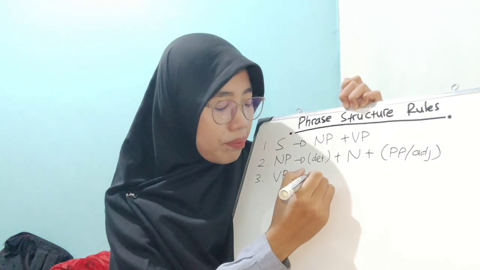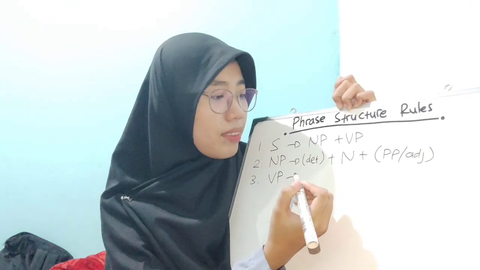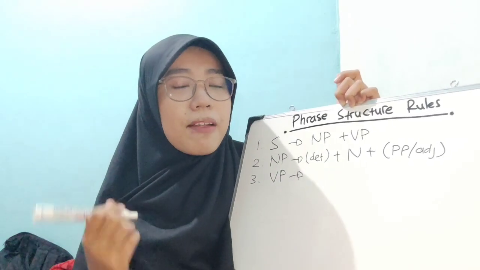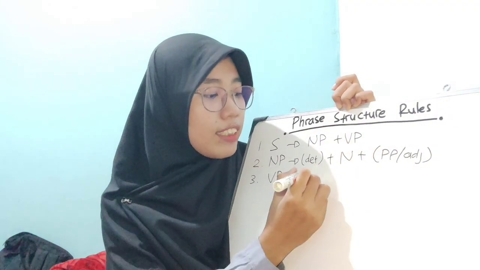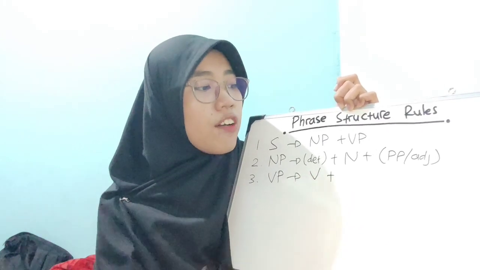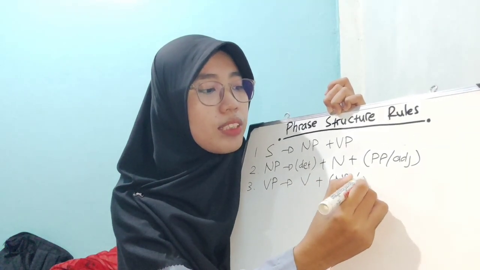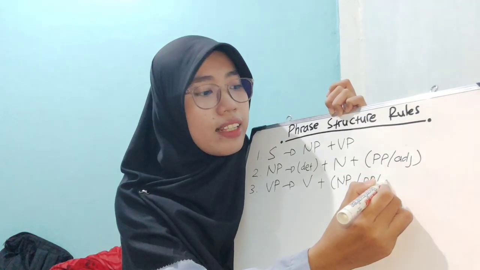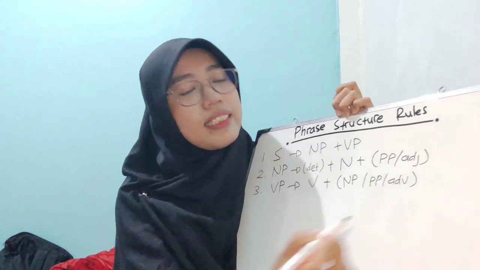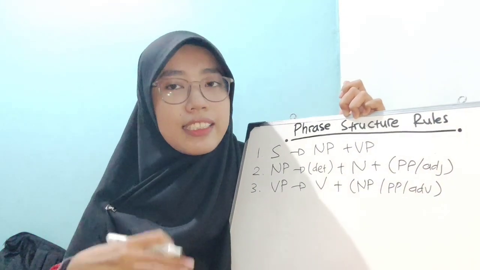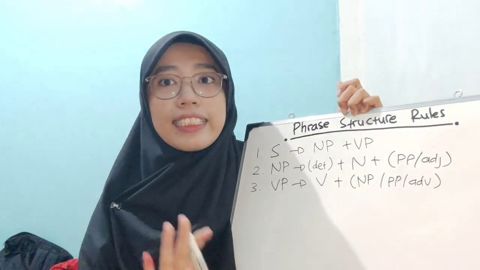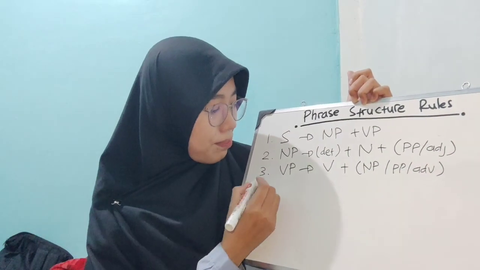So the main thing that must be in the verb phrase is a verb. Other things like a noun phrase, prepositions, or adverb are optional. Like what I said before, it depends on what kind of sentence you make.